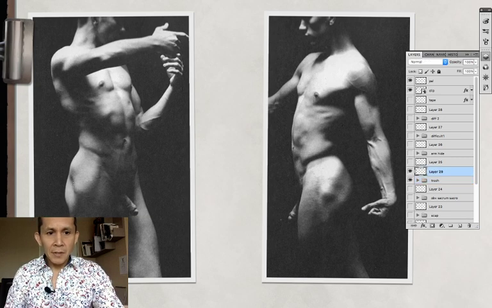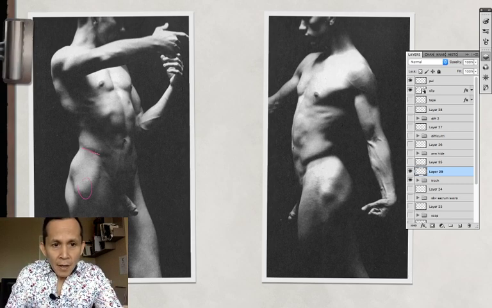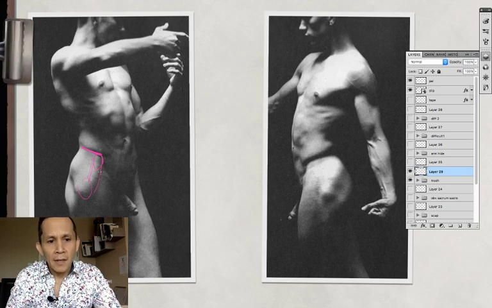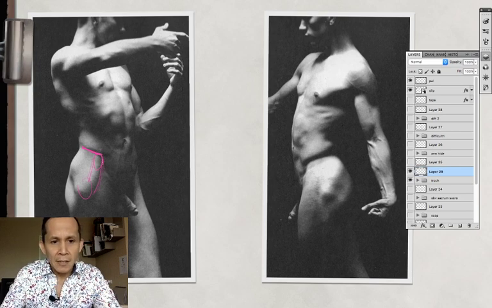That's the obvious trochanter. Here's his iliac crest, and this is a muscle, the tensor fasciae latae.